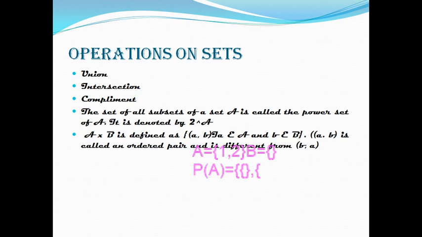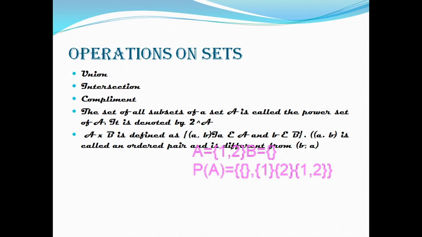Next is a subset with one element. Set 1 is a subset of A. Set 2 is a subset of A. Set 1, 2 is a subset of A. Power set means all the combinations of the subsets.